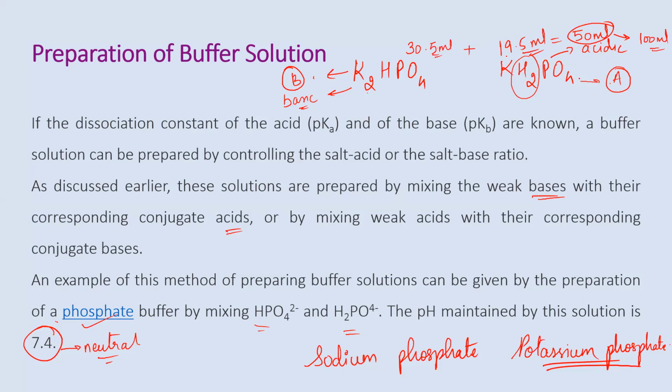In a measuring cylinder, I first take 19.5 ml of solution A, then I add 30.5 ml of solution B, and it should come up to 50 ml. Then I level it up to 100 ml, and now my buffer is ready to use. If I check the pH, then the pH is 7.4 at that concentration.